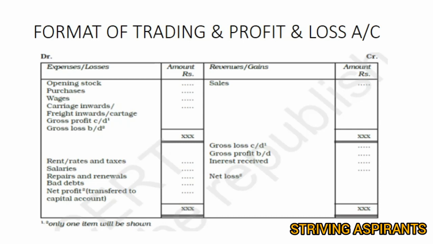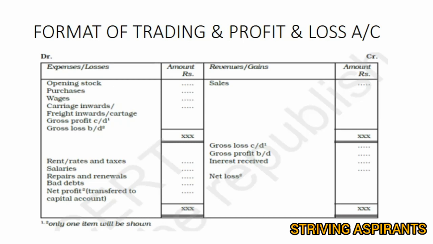This is completely related to the expenses of the manufacturing unit, all the purchases and the expenses incurred to bring the materials to the manufacturing unit. All this expense is shown on the left side, and on the credit side we have to show the sales.